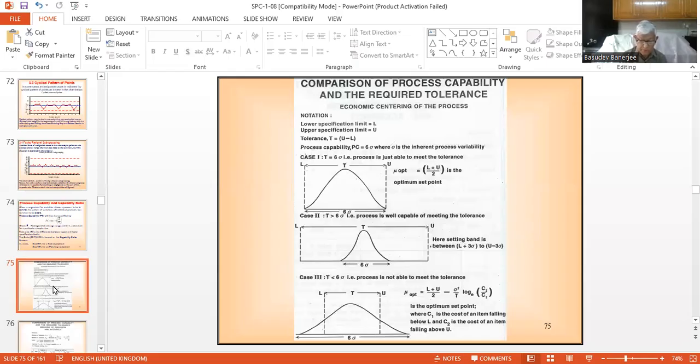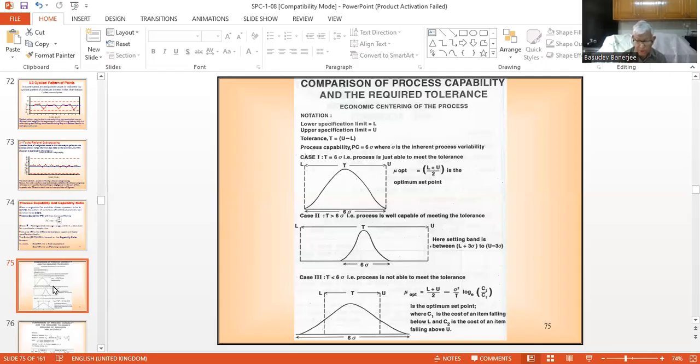specifications. You see? So there, the optimum set point will try to minimize the cost of scrap plus rework. And the optimum set point will be L plus U by 2, where L is the lower specification limit, U is the upper specification limit.